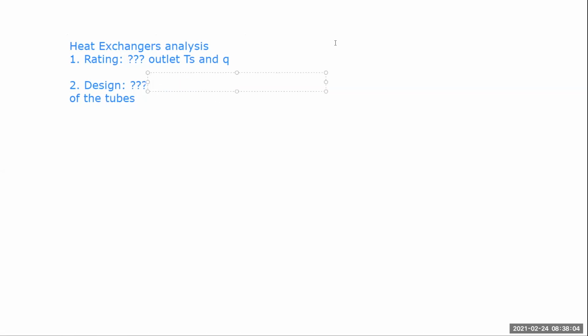And by testing here, I mean, we need to see what has changed in the overall heat transfer coefficient value. It may change with time. Who may know why? Why would the heat transfer coefficient change while you are using a heat exchanger with time? One reason is fouling. Exactly.